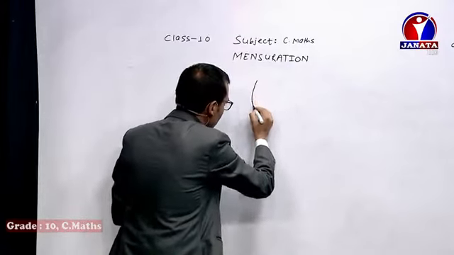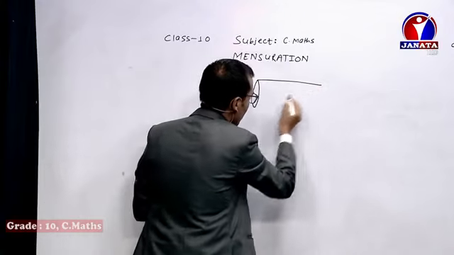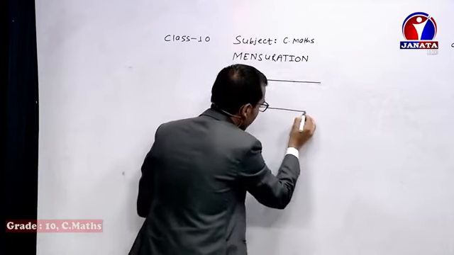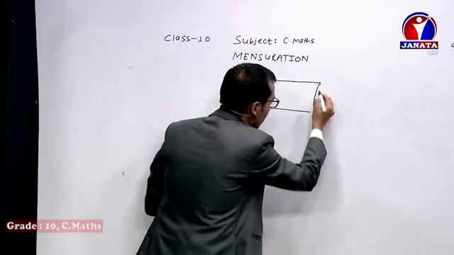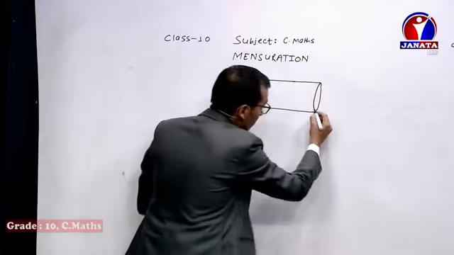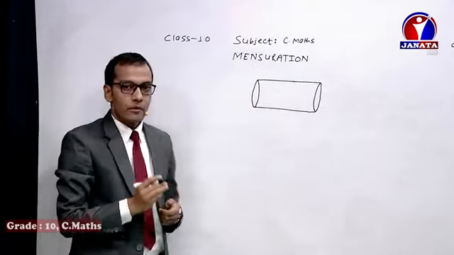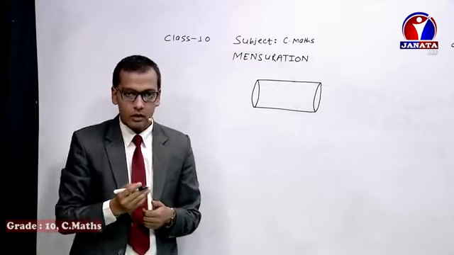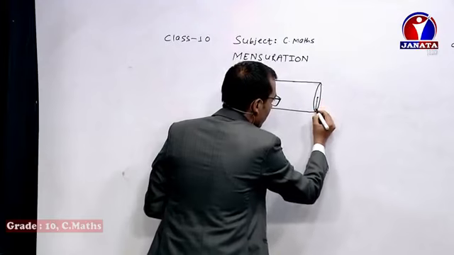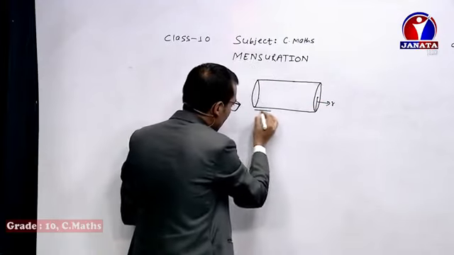Let's draw a cylinder. We have already discussed what a cylinder is. Let's draw the figure. With the help of this figure, I am going to explain what lateral surface or curved surface area is. So this is radius r, and this is height.